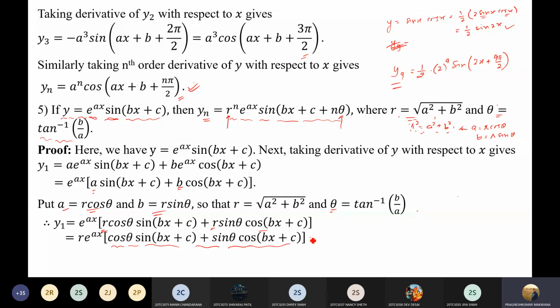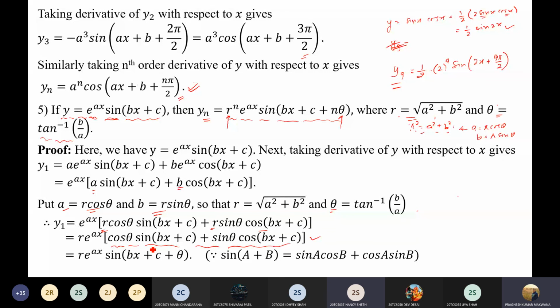So we know the trigonometric result for sin of a plus b: sin a cos b plus cos a sin b. So by using this result, we obtain y1 in this form: r e raised to ax sine of bx plus c plus theta.